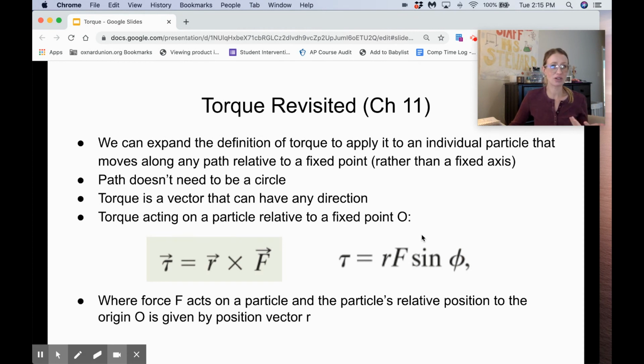It's just a particle, you're measuring a force on that particle, and you have a relative position given by r, and you're measuring that position relative to origin O. And remember this angle right here: it's always between the r vector and the force vector. So it's very important that we look at where those vectors are pointed, and the angle will always be in between those things. We'll do some examples too for it to make more sense.